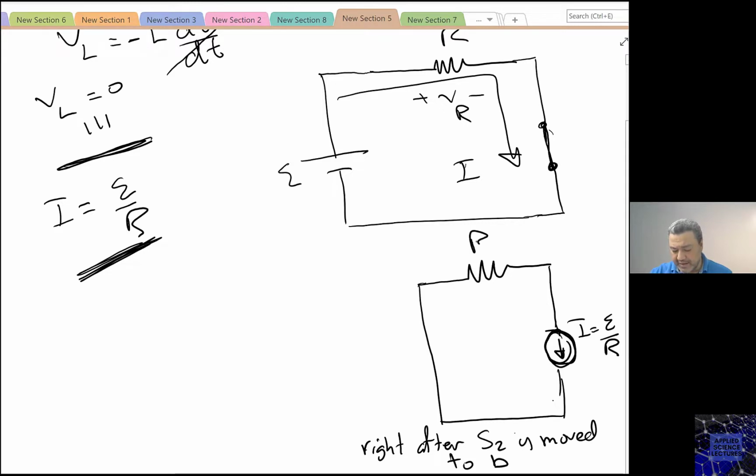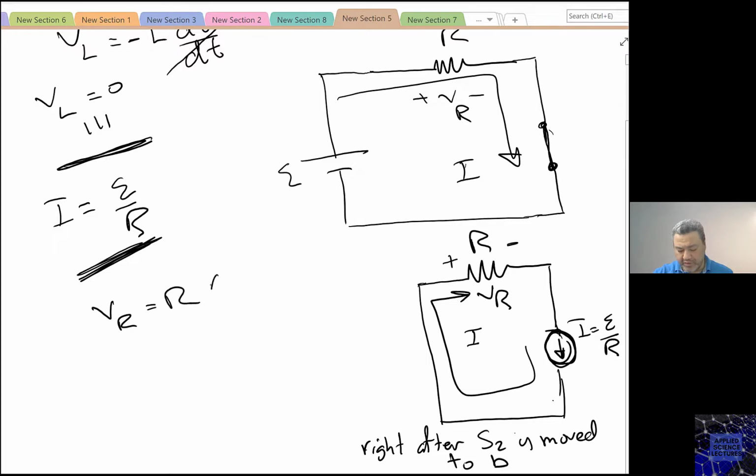So I equals epsilon over R. And this is R. So right at this moment, what's going to happen? Here I have plus, minus, VR. So this is the VR. Right at this moment, the voltage VR will be R times the current.